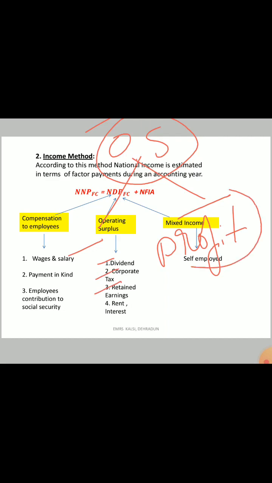These two, income from entrepreneurship and income from property, we add and we get our operating surplus, meaning the money income earned through businesses or through property.